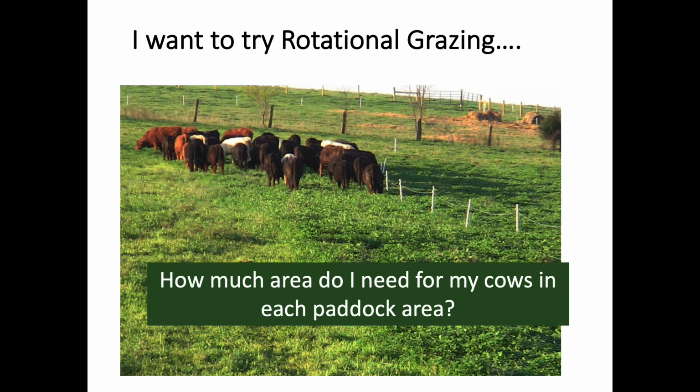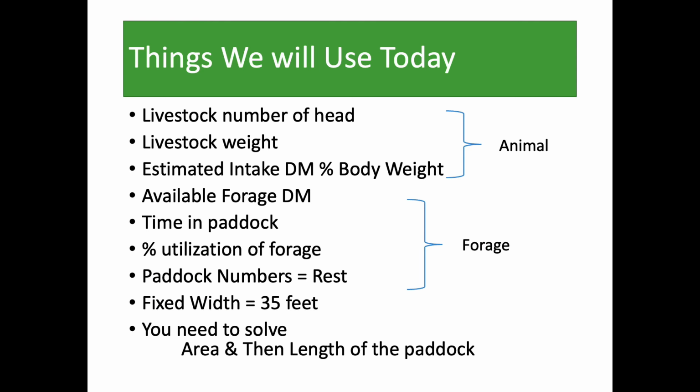But now we're going to get back into the exercise for what you need in your paddock area. So, things that we're going to use today to help you figure this out. You're going to be given the number of head and how much they weigh. We're going to tell you about how much we think they're going to consume, so their intake on a dry matter basis as a percent of their body weight.